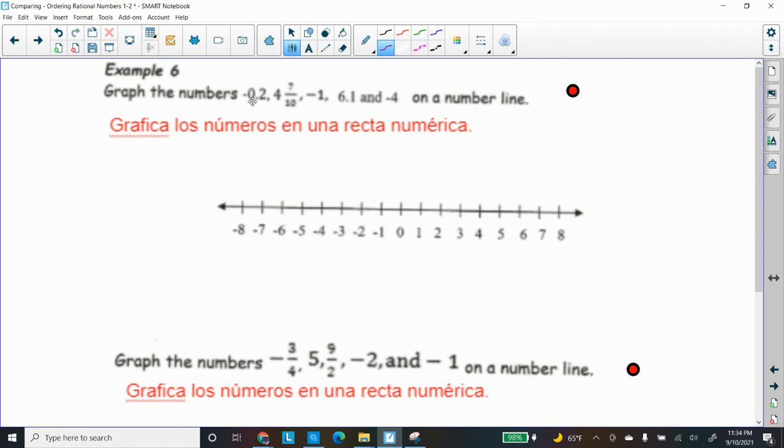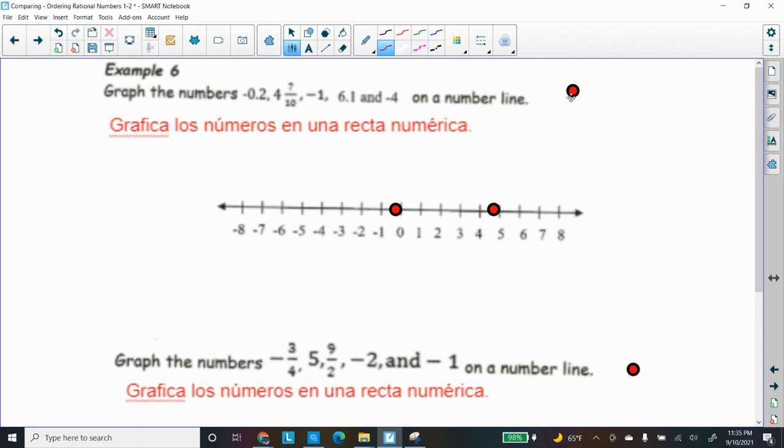So here, -0.2. Well, I see -2 right here, and I'm sorry, -0.2. Well, here's 0, and it's just a little bit past. So I'm going to just put it a little bit past there. So there's -0.2. Now the next one is 4 7/10. Well, here's 4, and I'm going to go a little bit past it, 7/10, which is close to 5.